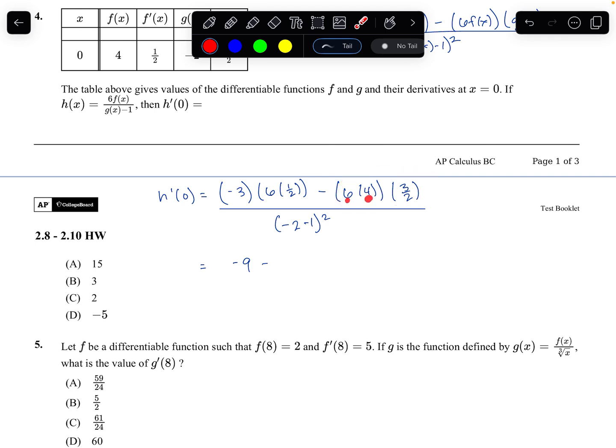That's 6 times 4, and that's going to be multiplied by 3/2. So 4 can be divided by 2, and that's going to give me 2. 2 times 6 is 12. 12 times 3 is 36. So minus 36 over 9, and that's going to be equal to negative 45 over 9, which is going to be equal to negative 5. And there you go.